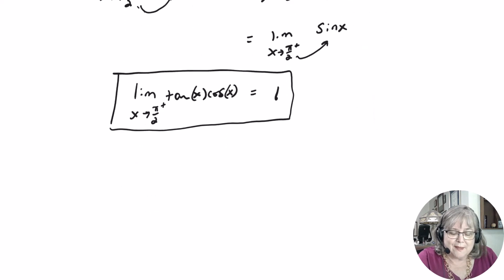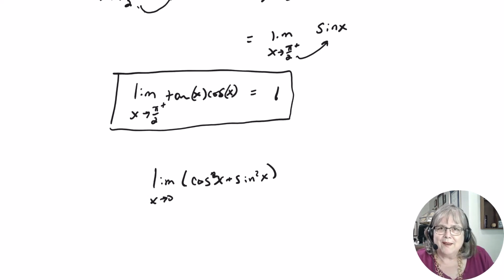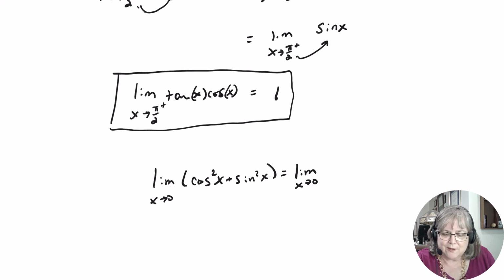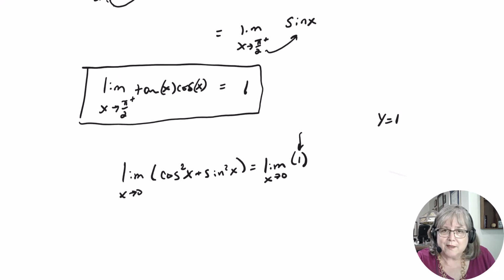Sometimes I do things like this, and I'll watch students work their way through here. But y'all, cosine squared of anything plus sine squared of the same thing is 1. So this is saying, what's the limit as x goes to 0 of 1? It's 1, because this is your function. So this is actually the function y is equal to 1.